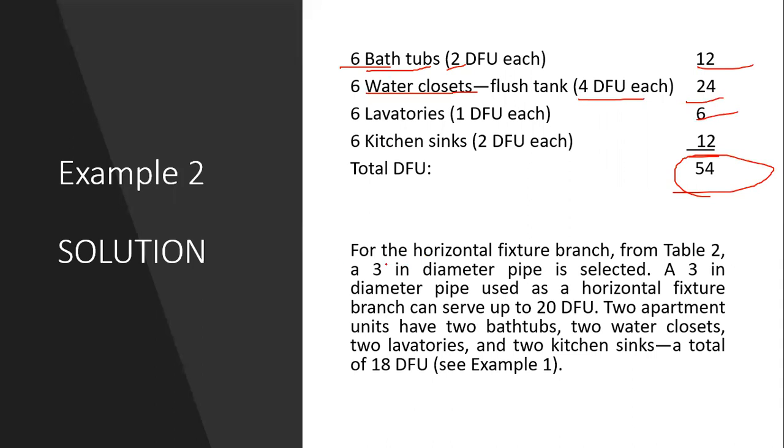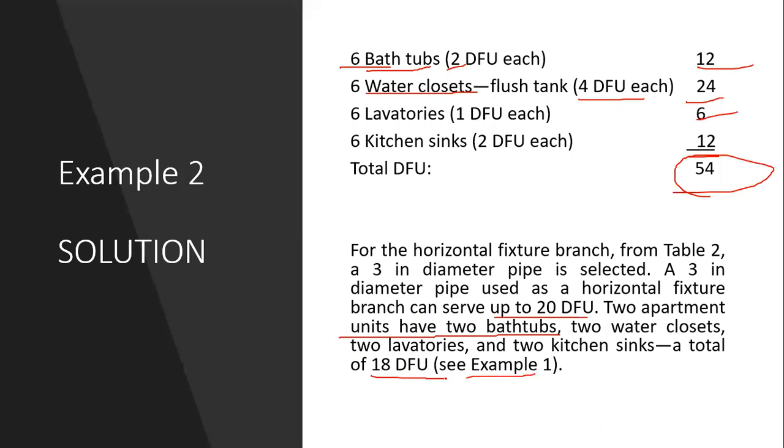Assuming the horizontal fixture branch from table 2, a 3-inch diameter pipe is selected. A 3-inch diameter pipe used as a horizontal fixture branch can serve up to 20 DFU. 2 apartment units, 2 bathtubs, 2 water closets, 2 laboratories, and 2 kitchen sinks, a total of 18 DFU.